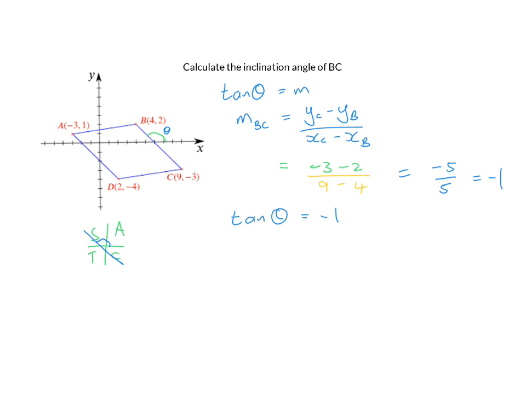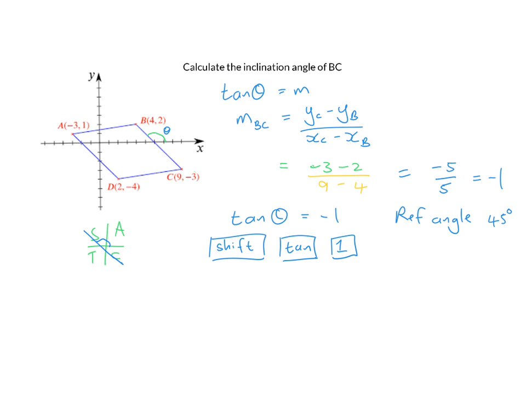But instead of typing shift tan minus 1, in your calculator you will type shift tan positive 1. And you get your reference angle of 45 degrees. So this is your acute angle that we are working with as the reference angle.